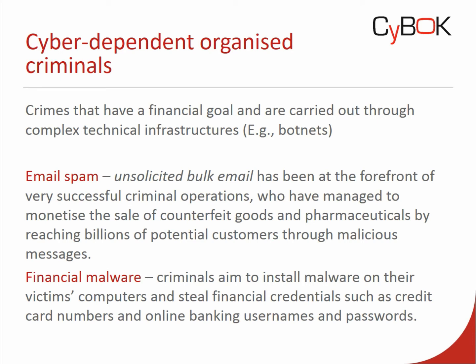cyber-dependent organized criminals. So these are still organized crimes, but they look at crimes that are actually carried out over the internet, and they need to be carried out over the internet. They could not exist otherwise. And examples of these are traditionally email spam.